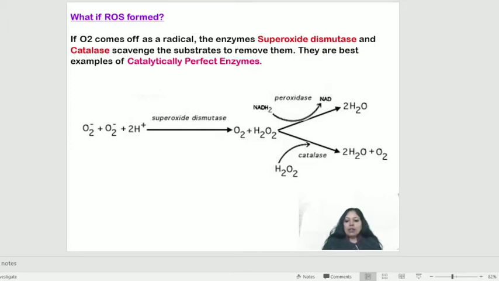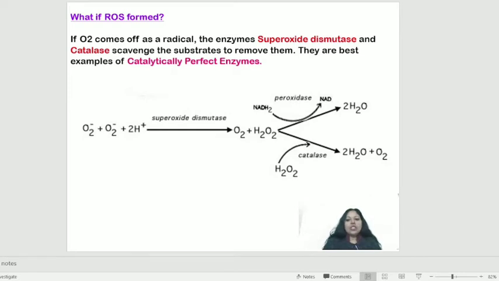So the basic need of the electron transport chain is to form water before we go to the synthesis of ATP. If superoxide is formed, superoxide dismutase converts it into oxygen and H2O2, but water must still be formed, which is accomplished by peroxidase. And there is catalase also, which combines with H2O2 to form water and molecular oxygen.